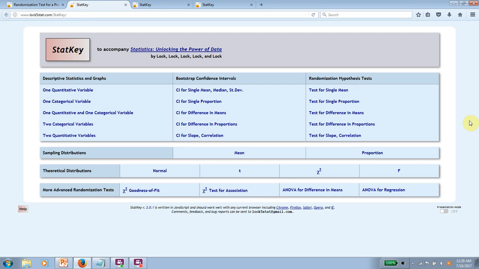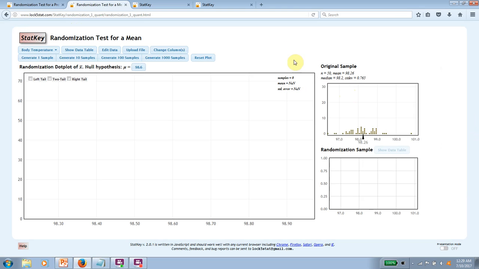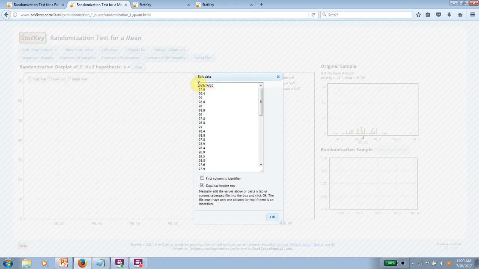If you're going to do this in StatKey, you need a test for a single mean, since there's no comparison here, but it's certainly quantitative data. Then I need to get our data in here. So if you go to Edit Data, delete the preloaded data set if StatKey will let me.